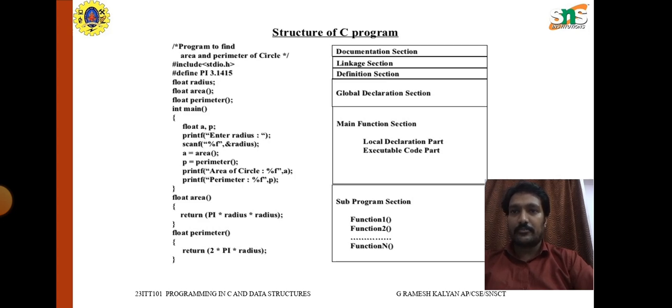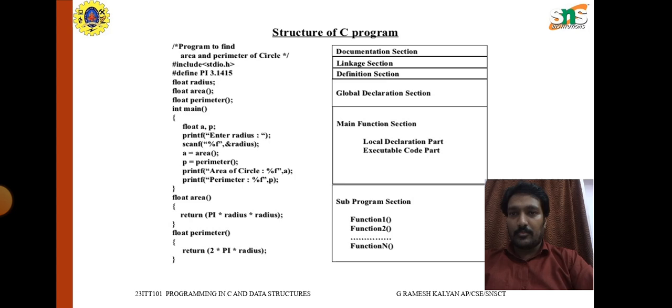The next one is the definition section. In this we have #define PI 3.145, that is the value of pi. And next, in the global declaration section, we could add the variables, for example radius, area and perimeter, which we are just declaring as float variables. In the main function we have int main() and float ap, and then we declare the local declaration part and the executable part.